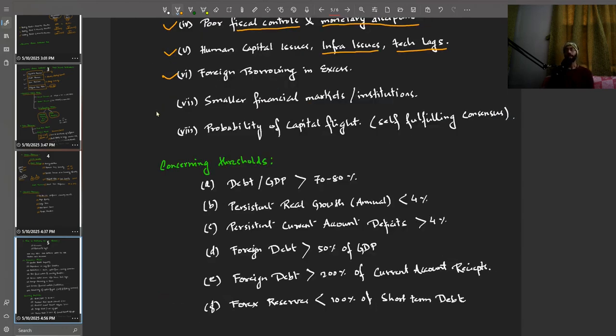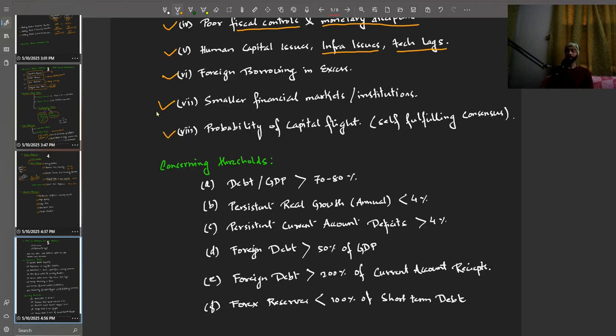Smaller financial markets: the total market cap of the equity markets, the total trading volume of the bond markets, all these things also matter. And the size of the institutions, like the size of the banks, the size of the financial institutions, these also matter. So one has to take them into consideration also. Probability of capital flight.